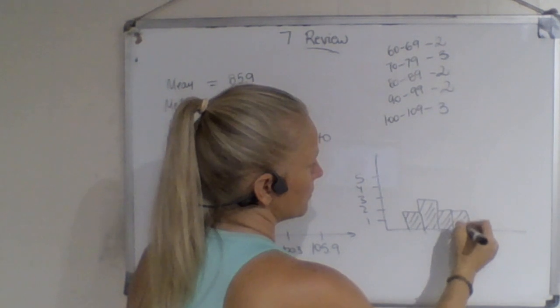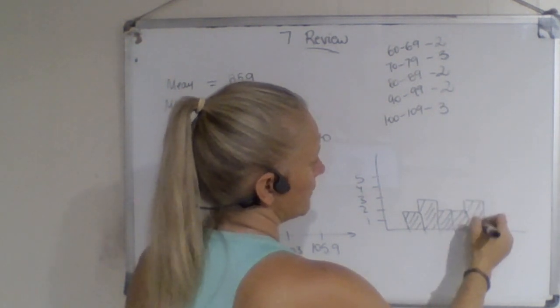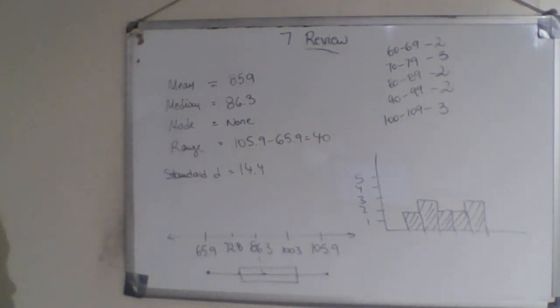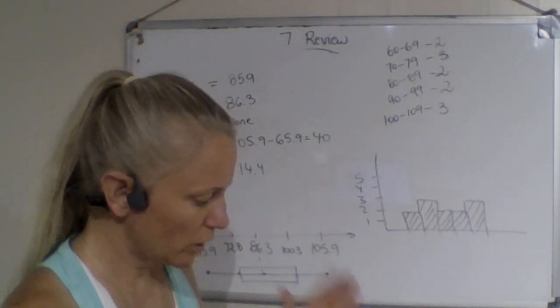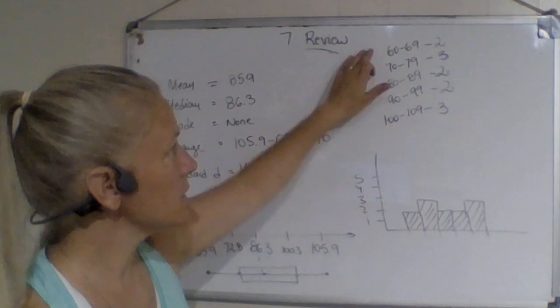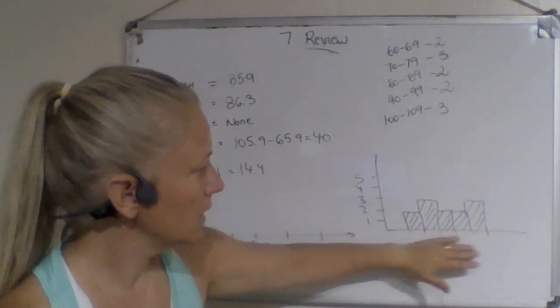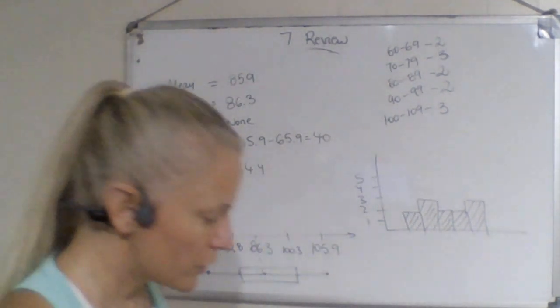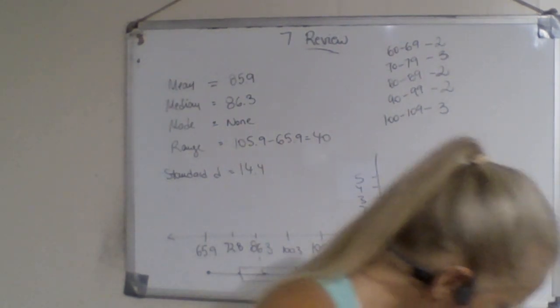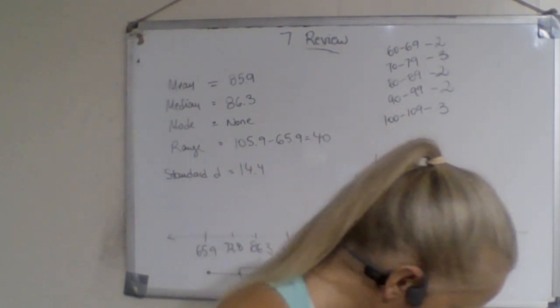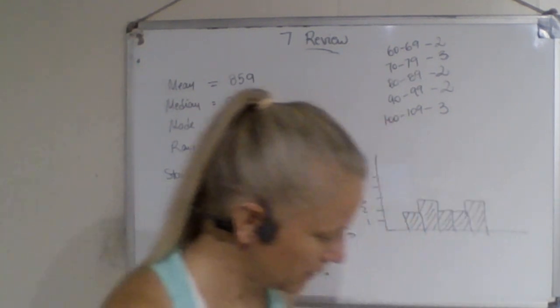Another 2. And a 3. And that's how we do our histogram. We give intervals. They always tell you what you start with, and you stay within those intervals, and then you fill everything out and you graph it. So this is the last thing you need to do. Go ahead and pause the video. We're on page 458. You need to do 33 and 34 given the data that they gave you.